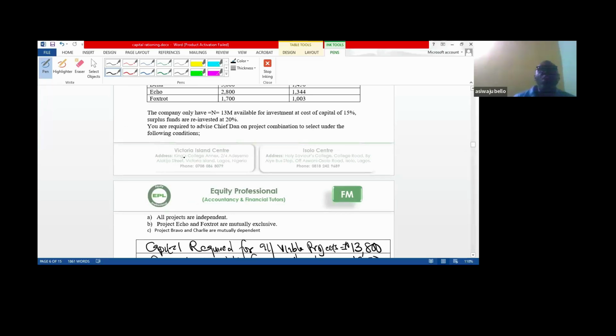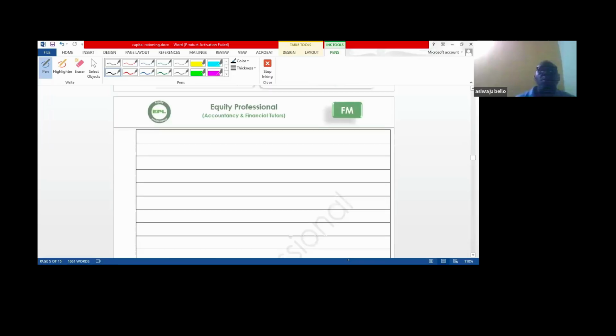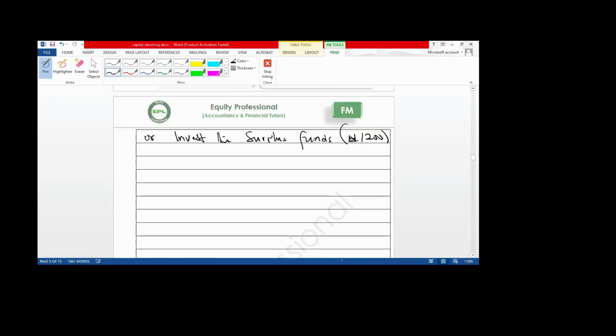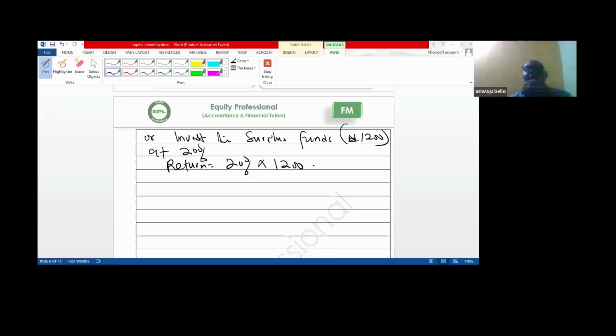Please compute. $240. That means we are going to get 240 per year.